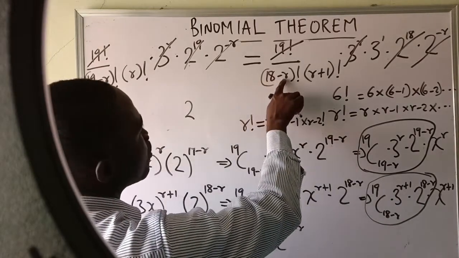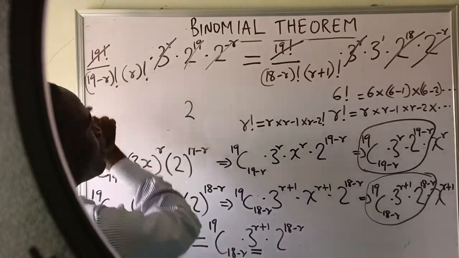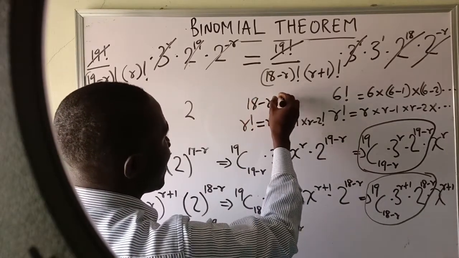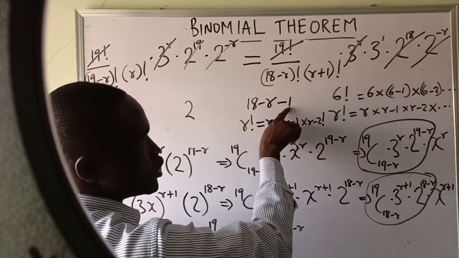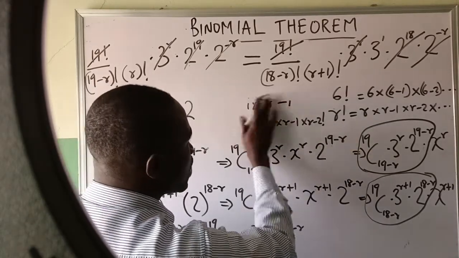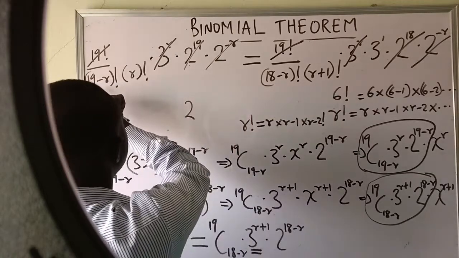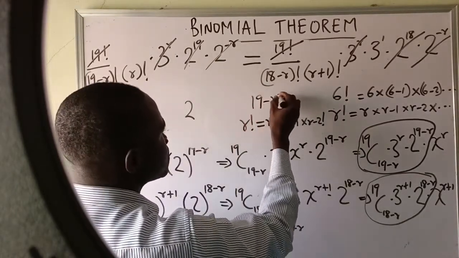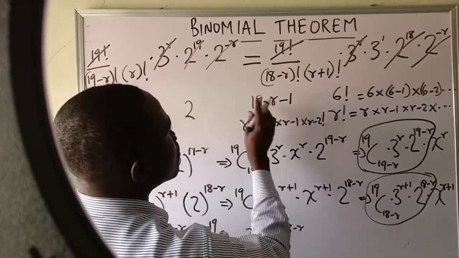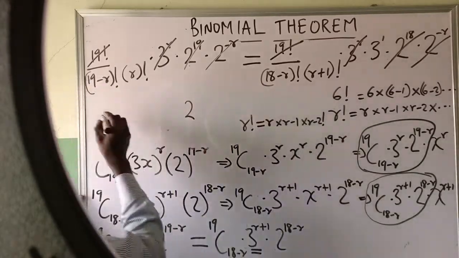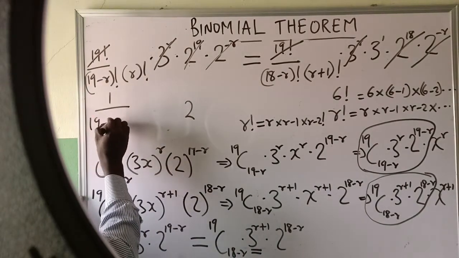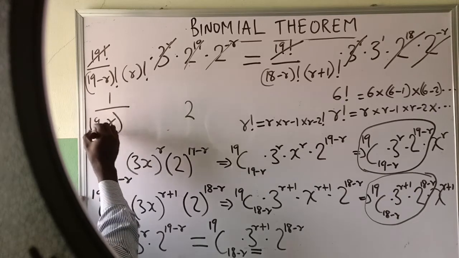This is 18 minus r. And this is 19 minus r. Here, if you have 18 minus r and you minus another one, it will give you 17. You say no, you leave this. You come to this, 19 minus r minus 1, that will give you 18 minus r. So what we have here is 1 over 19 minus r, we are opening this factorial.